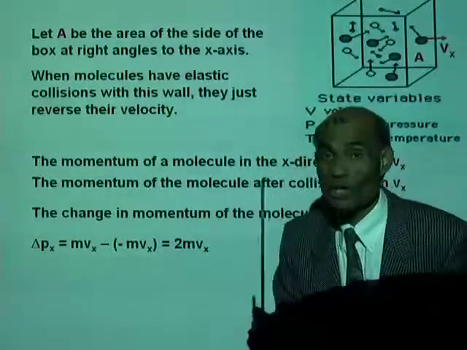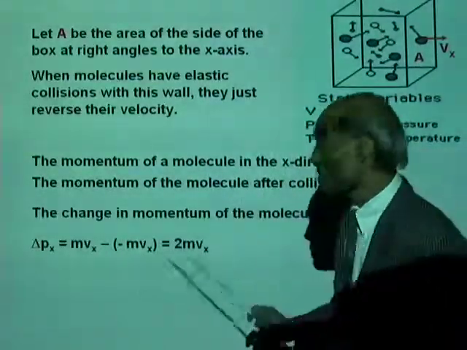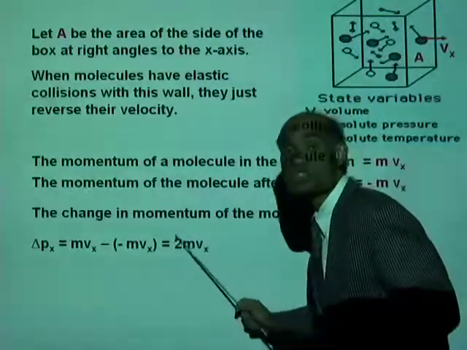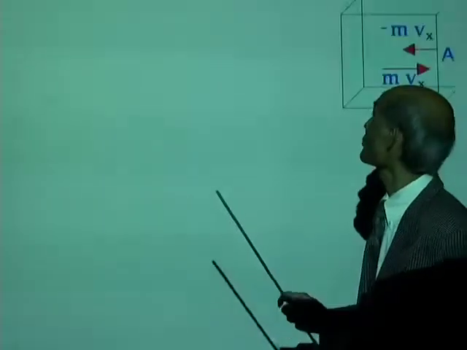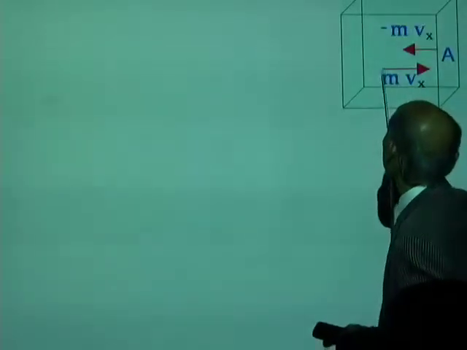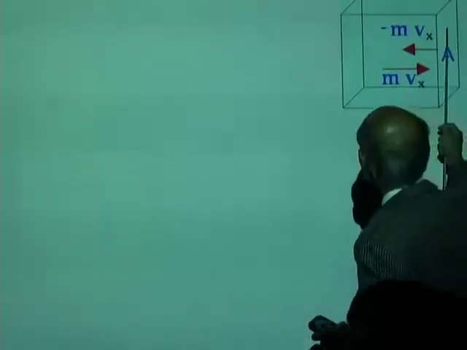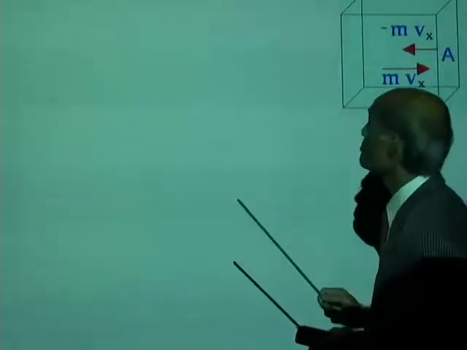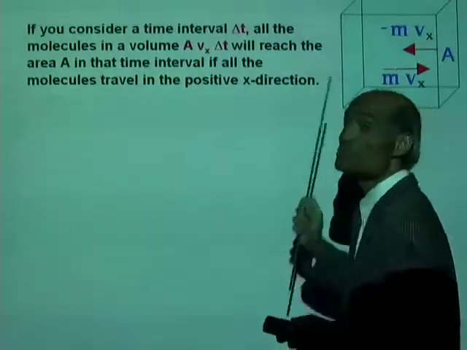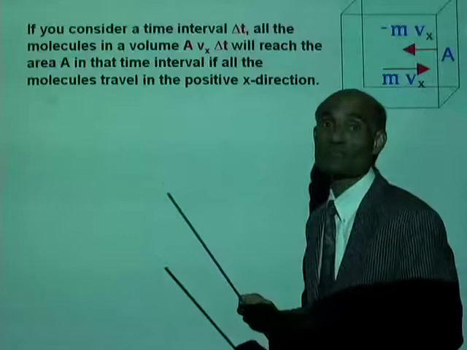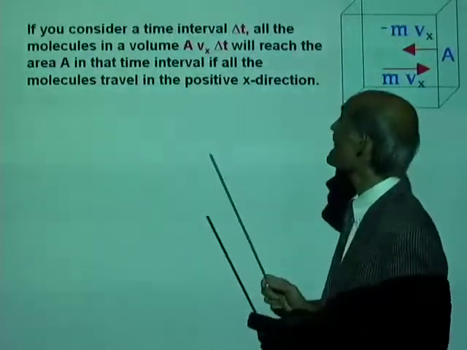So every molecule that hits the wall of area A will experience this change in momentum, that is 2 mvx. There you are. You got mvx is the momentum as it collides. Negative mvx is the momentum after collision. The change in momentum will be 2 mvx. Suppose you consider a time interval delta t.